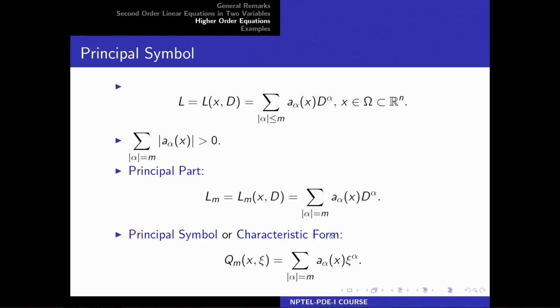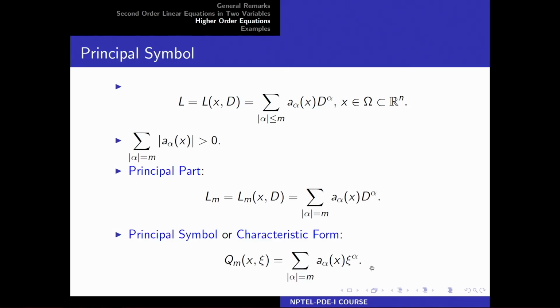characteristic form, which is defined by this polynomial. So, formally you replace this operator by this variable xi in R n. So, q m x xi is the sum of a alpha x xi alpha. So, just you replace formally. So, for each x in omega, this is a polynomial in xi.